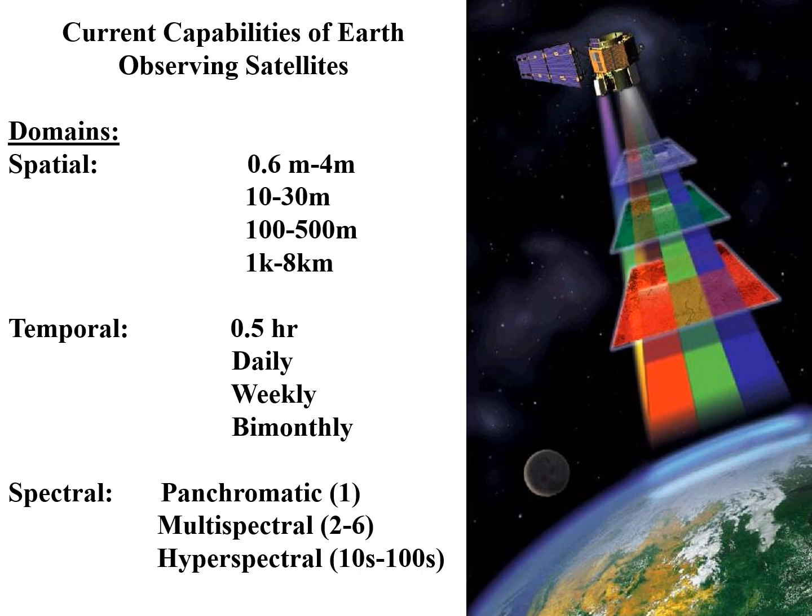100 to 500 meters is much more useful for systems that are going to map the Earth once a day or even a few times a day, up to once a week, for instance. And then finally, we have coarse scale systems that are between like 1 kilometer and 8 kilometers.